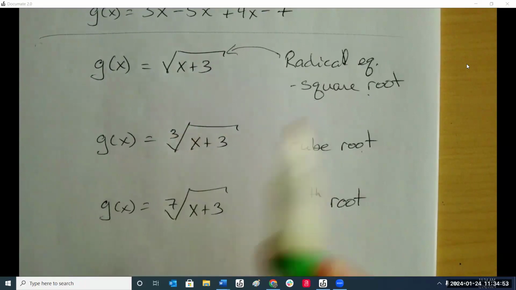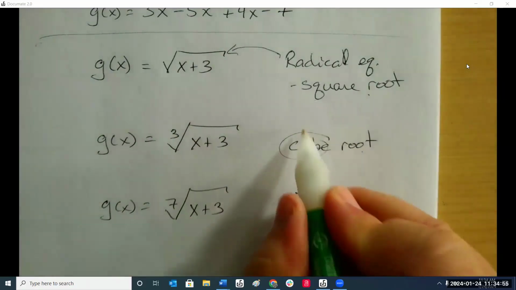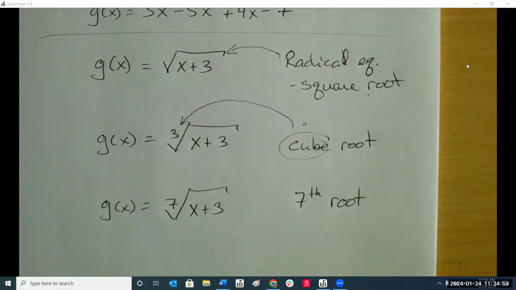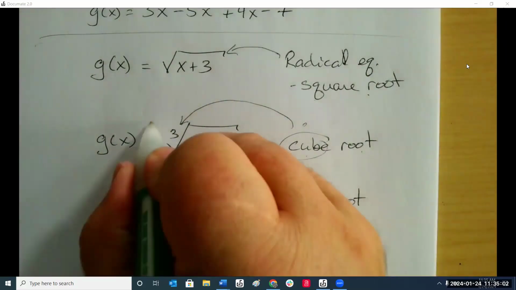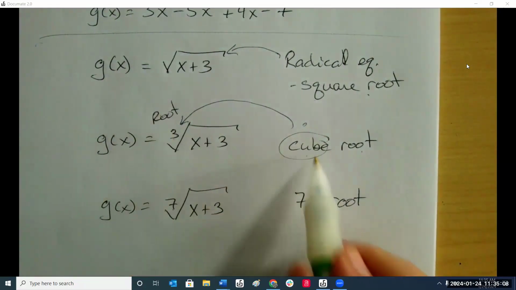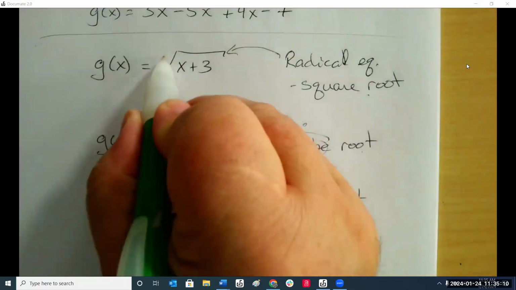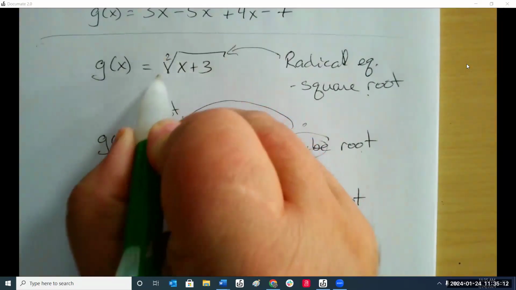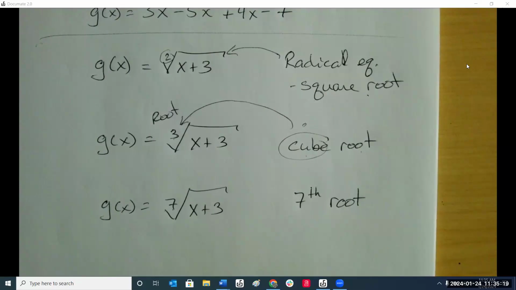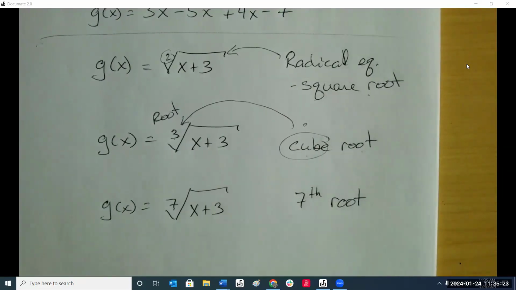The number cubic means 3, because it relates to that number. This is called a root. This is the 7th root, 3rd root, or cubic. There's an invisible 2 here. It's square. Now, I'll show you the differences of these in a second.